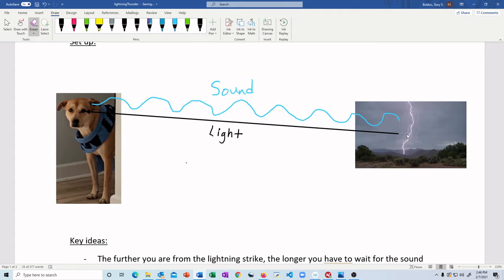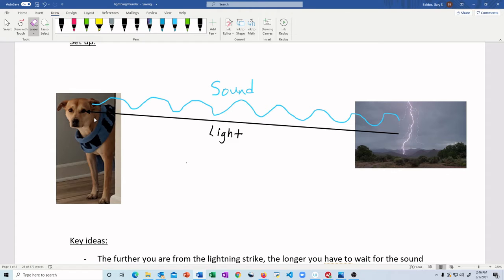And again, the light does technically have to travel this whole distance to you, the distance that we want to find out, but it goes so fast that it's not something we can really even distinguish. So we're going to pretend the light is basically instantaneous. It happens, you see it. So that's in your head.